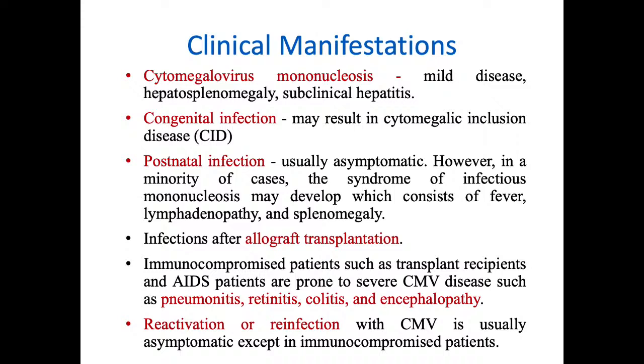Also in immunosuppressed individuals CMV can be deadly, but what is the most common clinical manifestation of cytomegalovirus? This is cytomegalovirus mononucleosis. The majority of infections are asymptomatic. So we might get cytomegalovirus but not be aware of it, and we may not have any clinical manifestation. But some infected individuals develop cytomegalovirus mononucleosis.